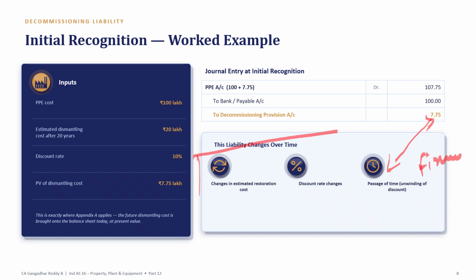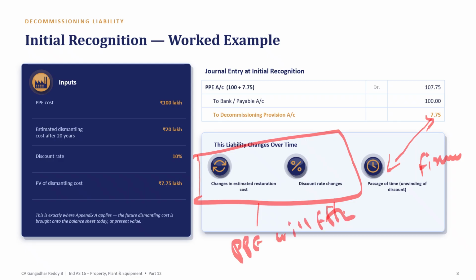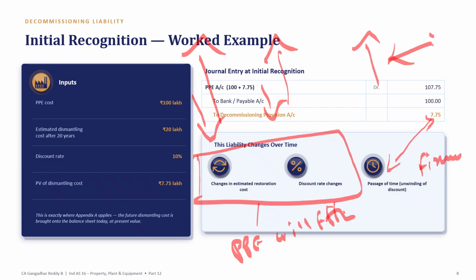So in these two cases the PPE will be affected, and you will increase your PPE and increase your liability, or decrease your PPE and decrease your liability. But here, you increase your liability and charge to the finance cost. And also, there are two models here.